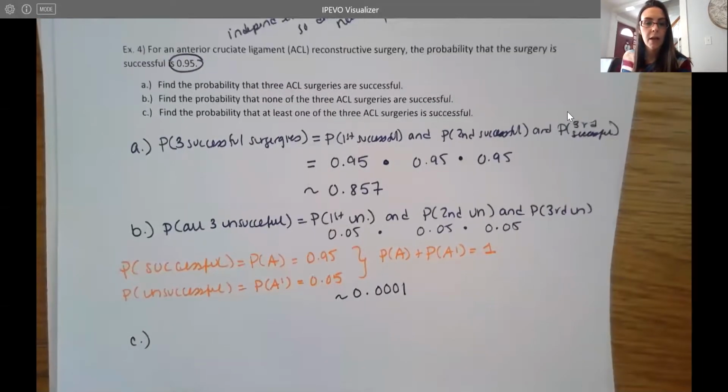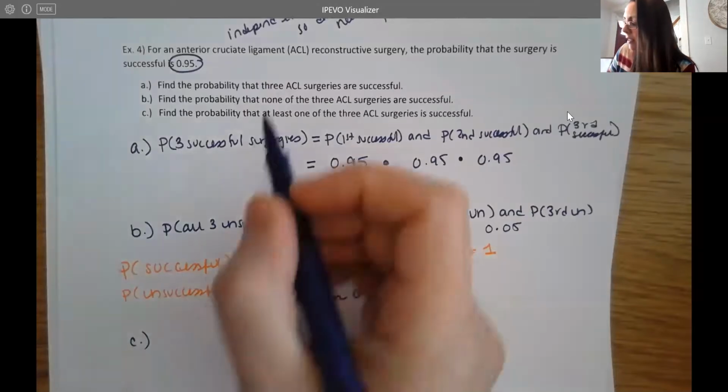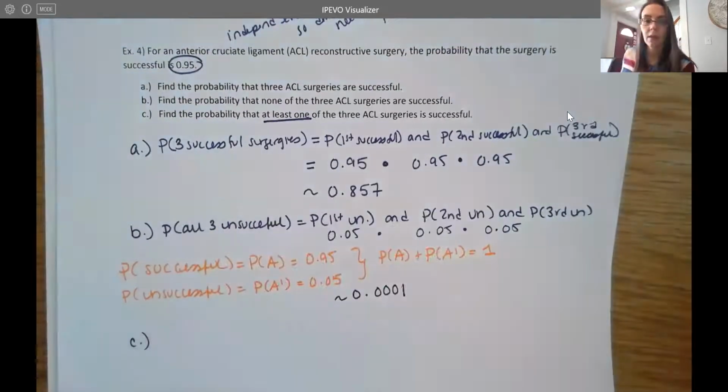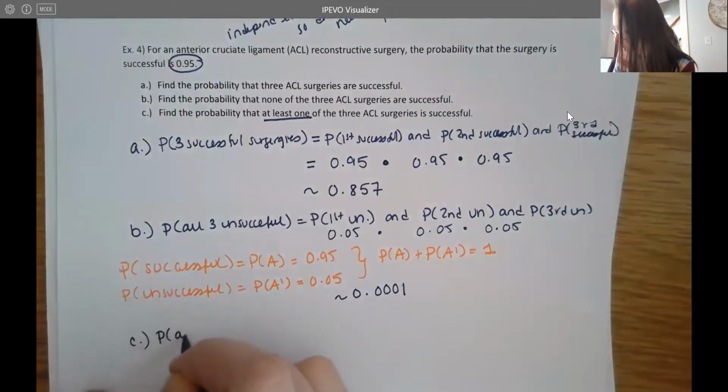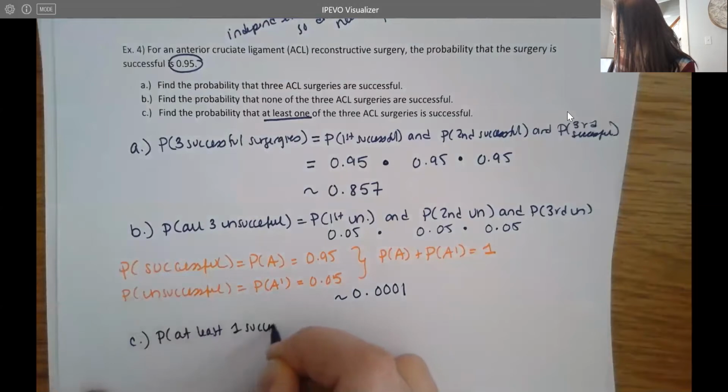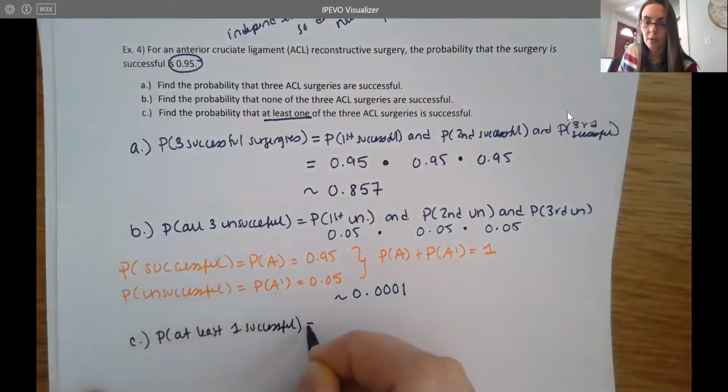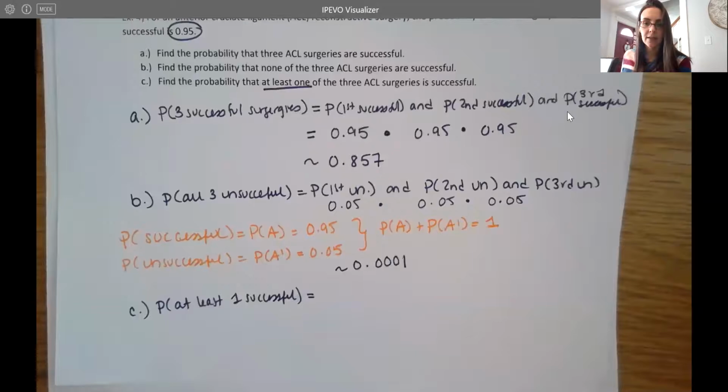All right, another one here. Find the probability that at least one of the 3 ACL surgeries is successful. Now, this gets tricky. At least one. So I'm going to show you a shorthand way to do this too, but just think about this for a second. At least one successful.